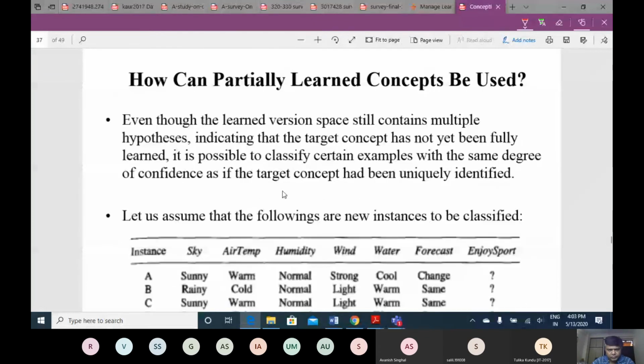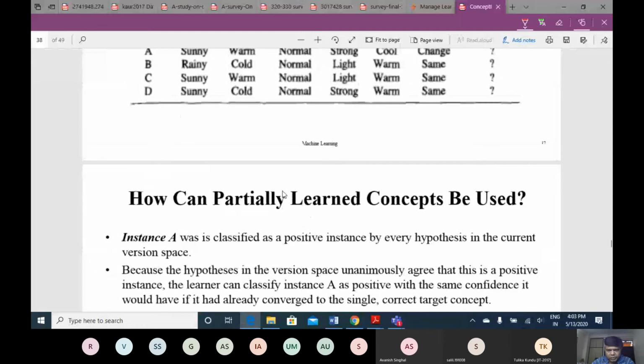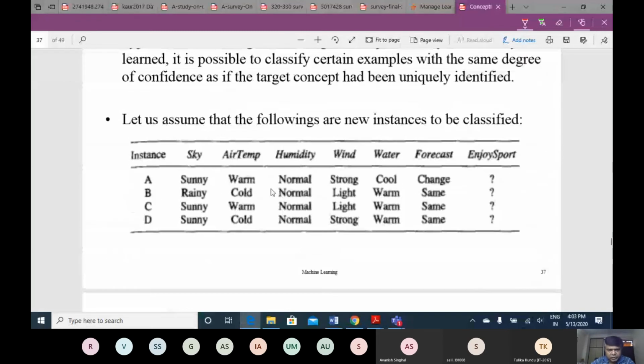Now how can we use this hypothesis? So suppose these are the other examples which we want to answer. इनके आंसर नहीं पता है हमें, इन केसेस के हमें आंसर ढूंढने हैं based on the version space we have created, based on the concept learning we have done.